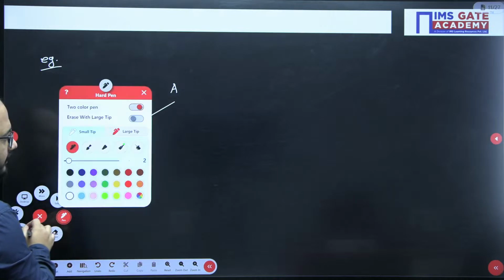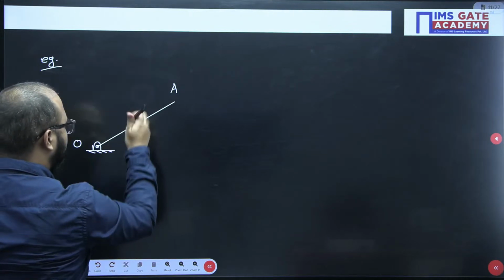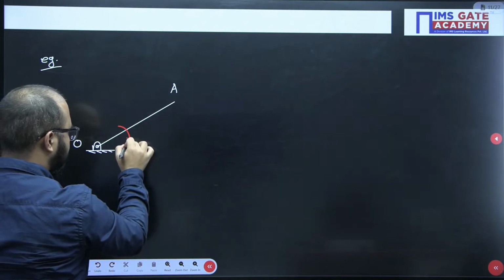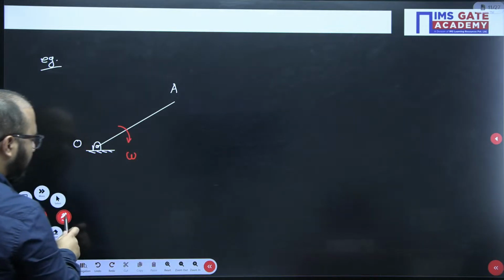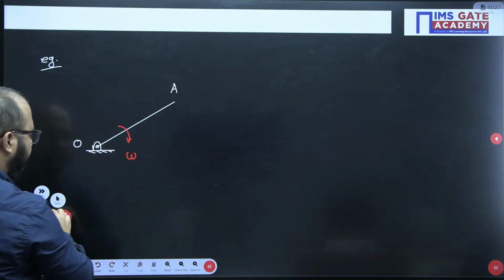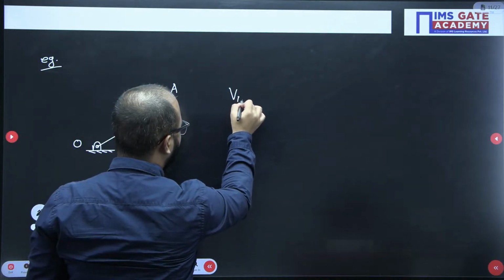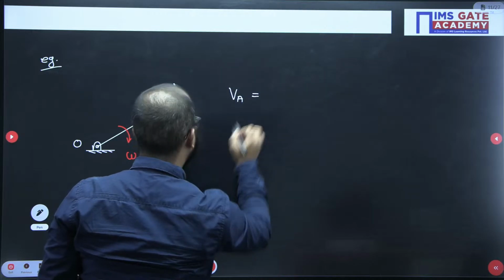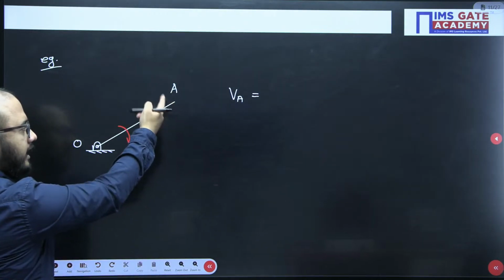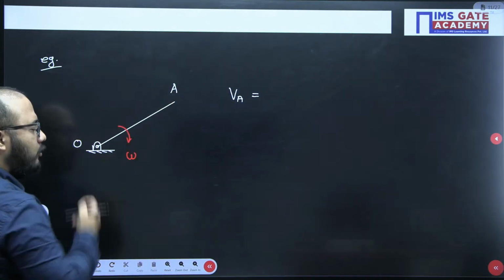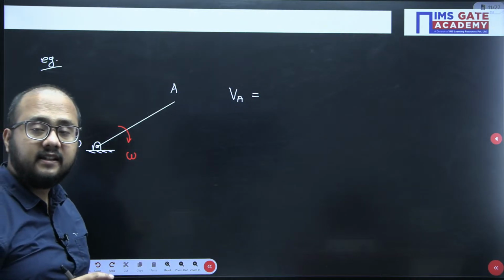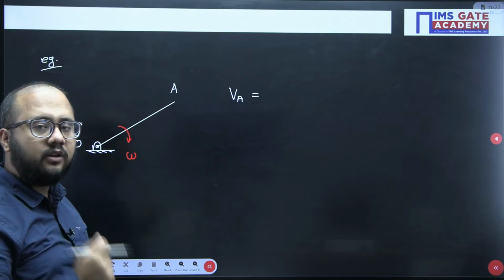Now second thing, in the question it is given that it is rotating with omega. I need to write the velocity of point A. What I will do, I will write it like this. In writing the velocity of point A, can I take O as a reference point? Yes. Now you will be thinking, sir, why have you taken O as a reference point?